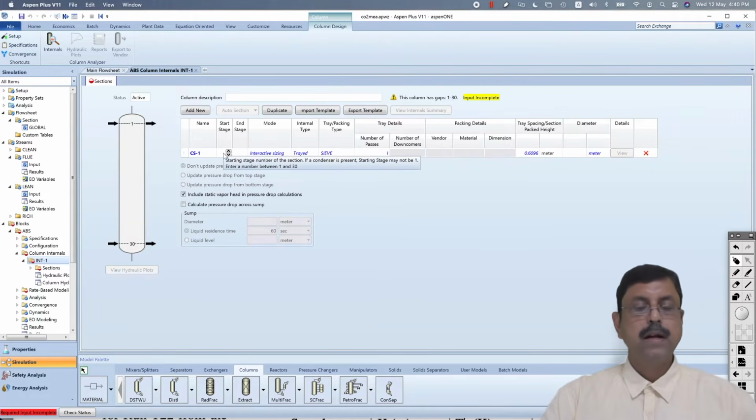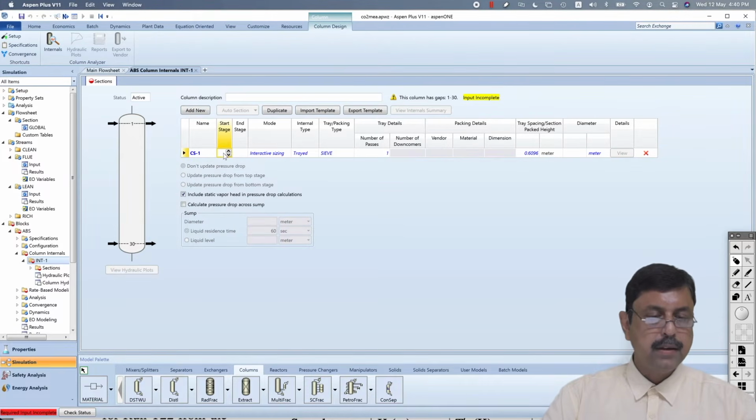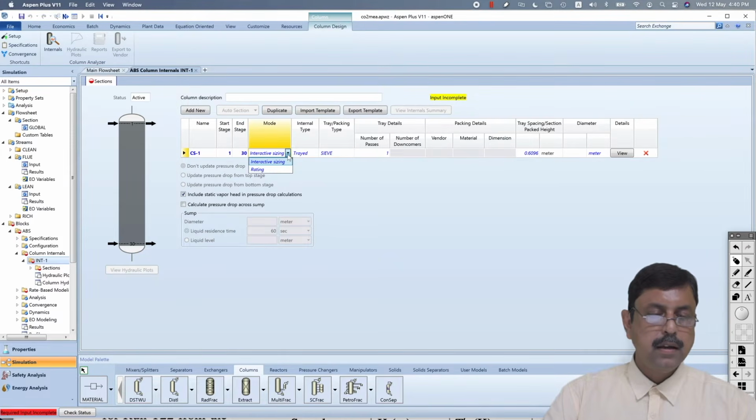Let us keep only one section in the column, so it begins at stage 1, ends at 30. The sizing will be rate based. It will be a packed column. Packing type.